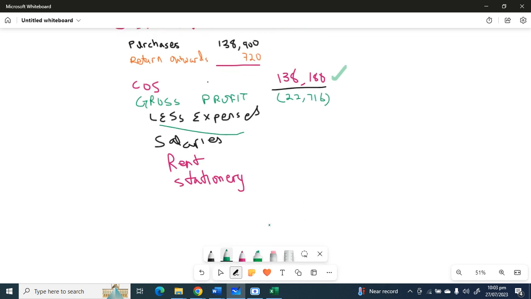Yes, what's the amount for salaries? 7,900. Okay. Rent, stationery, it's in kwachas. We total up our expenses.